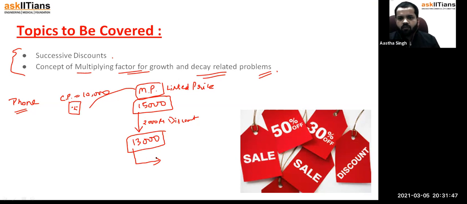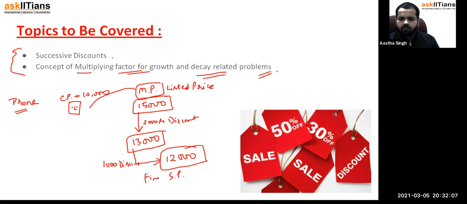Again he says that if you pay by your credit card, then 1,000 more discount. That will be 12,000 rupees.